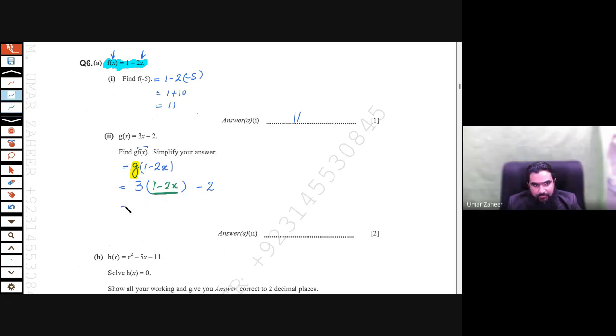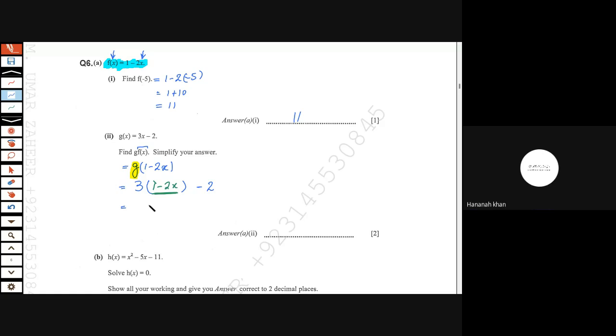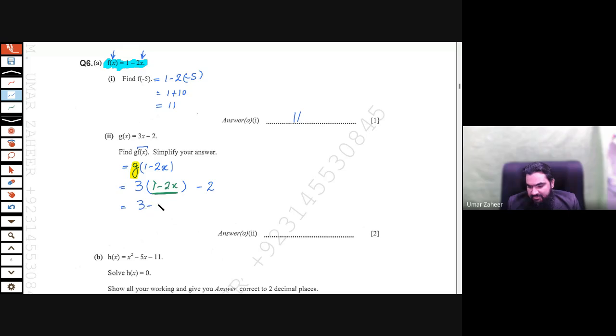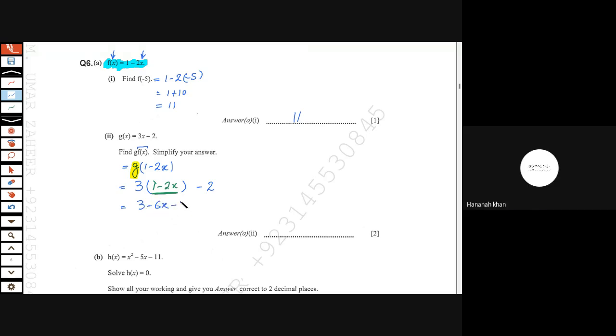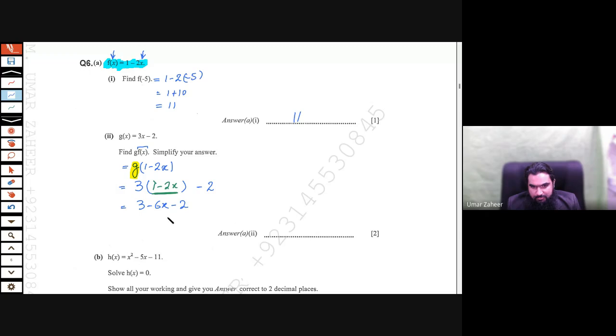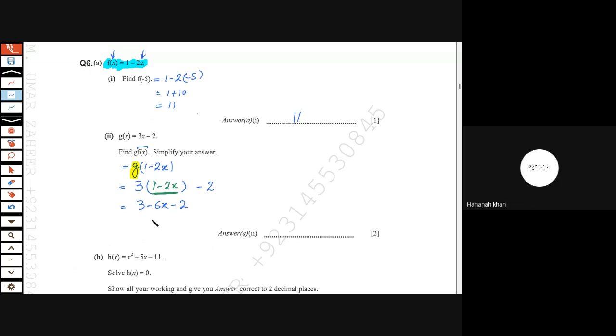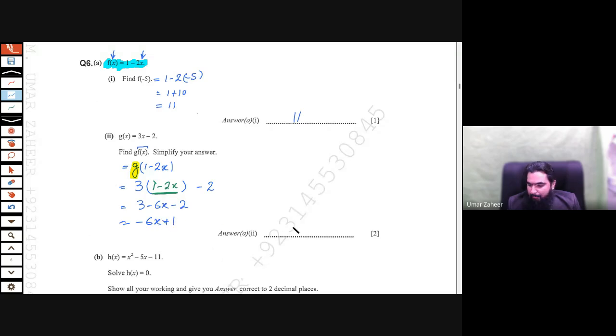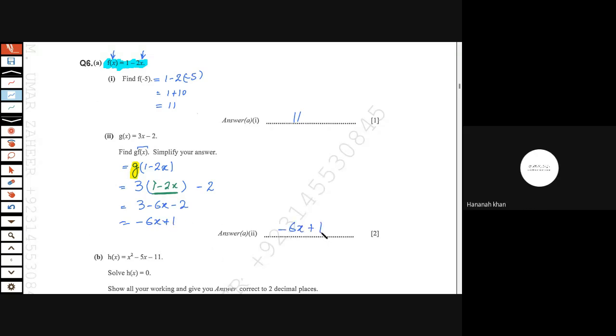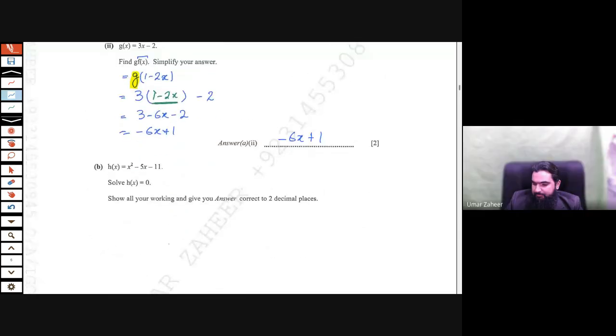So that will be equal to 3 times 1 minus 2x, minus 2. That is 3 minus 6x minus 2. And then 3 minus 2 would be 1, so we get 1 minus 6x. Yeah. All right. Now it is clear.